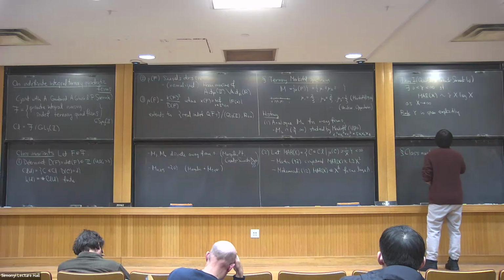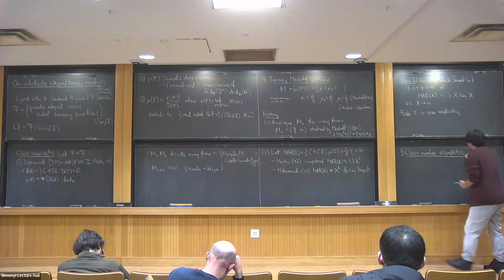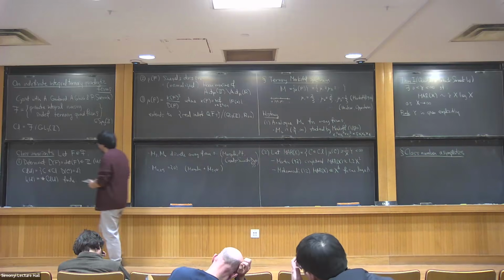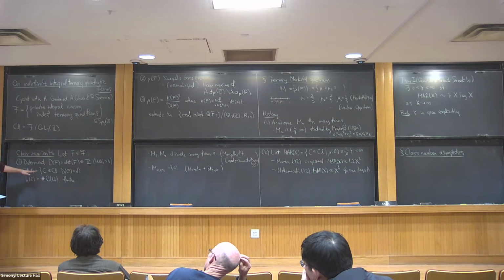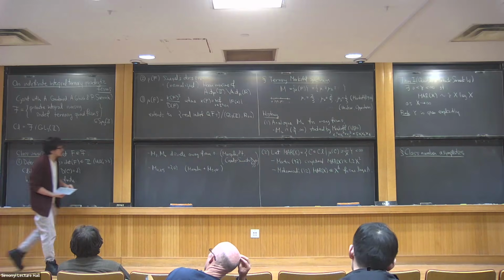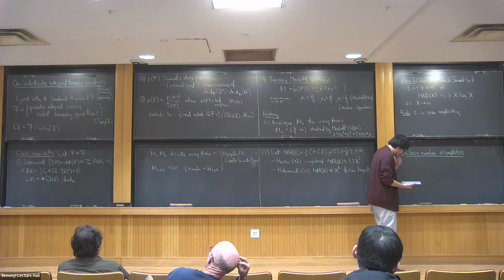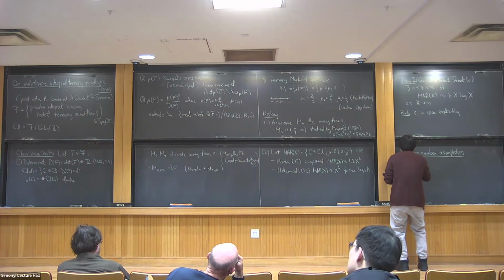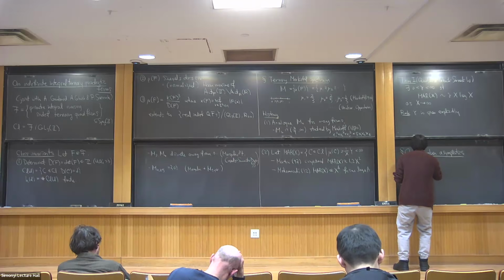Class number asymptotics. So namely, we defined this quantity h of b, which is the number of orbits of the primitive integral ternary quadratic forms, indefinite forms, of given determinant. And again, h of b as a function of b can be quite wild, but what we show is that on average, they follow a very nice rule.